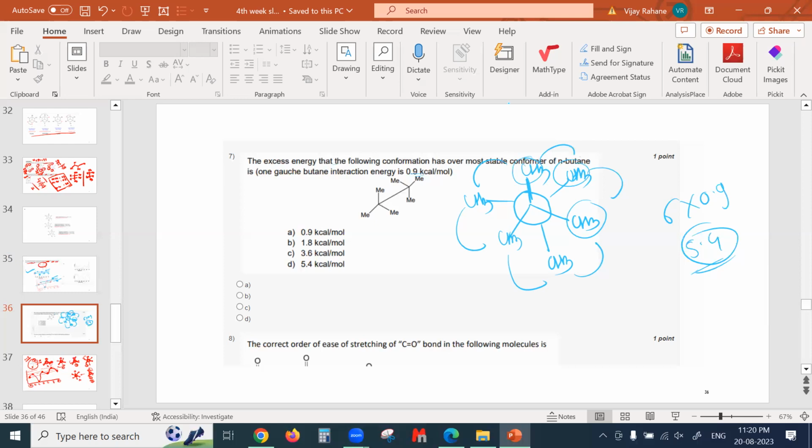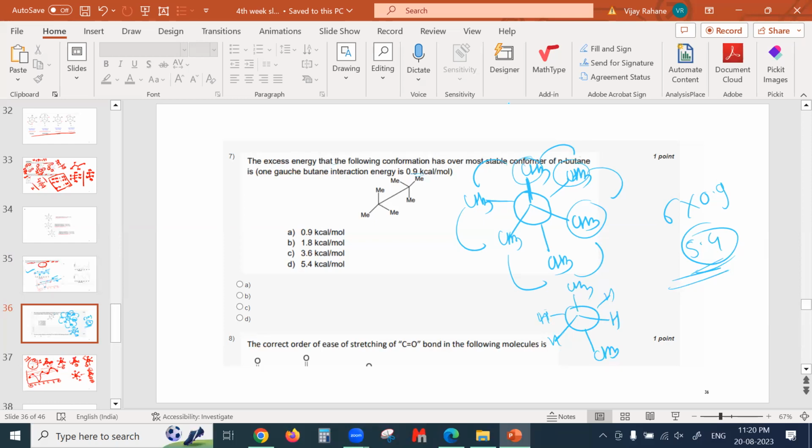The excess energy that the following conformation has over the most stable conformation of N-butane is... So this is the total energy of this conformation. The most stable conformation of N-butane has this CH3 and this CH3 anti to each other, and we need to calculate how much energy it has.